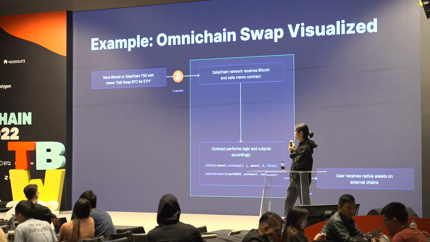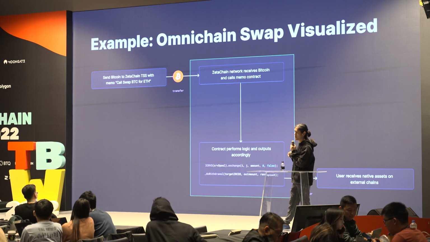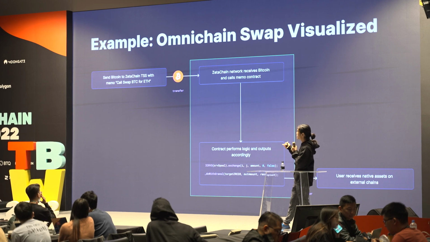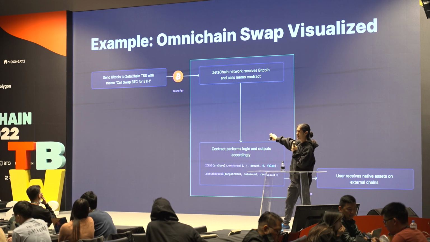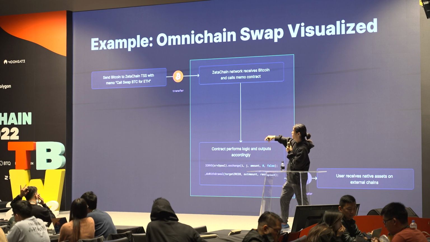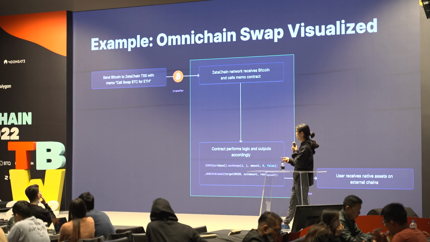In that memo, you would say, I want to call this swap contract on ZetaChain, and I want to output to this Ethereum address. The gas fees, at least for Bitcoin, are always just sending. The gas fees on that external chain are just a simple send. So if you replace this side with Cosmos or Solana or some L2, the gas is pretty much minimized. It's just like sending in MetaMask.